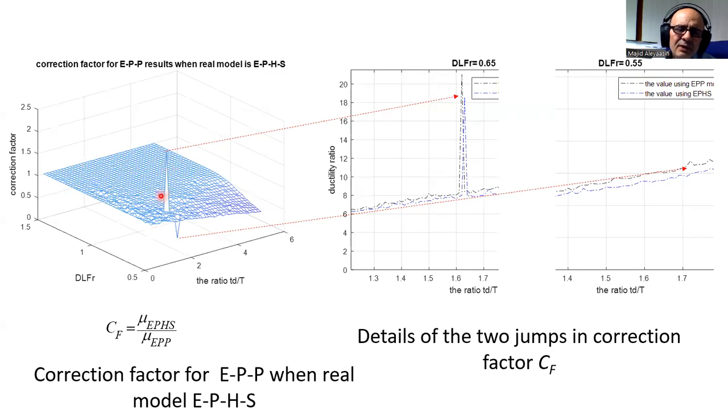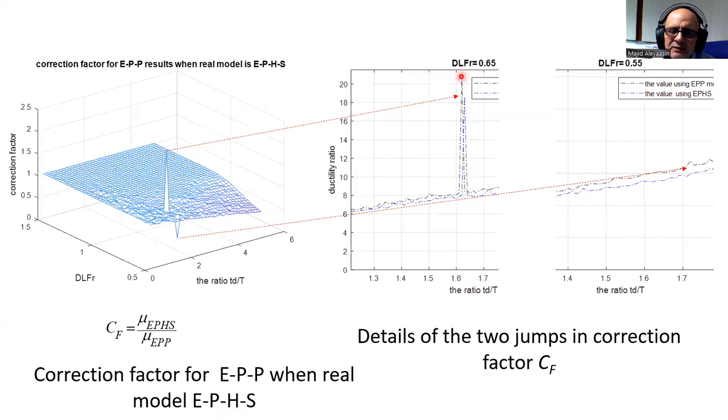In the resonance phenomena, we have this unusual or odd correction factor here because of a jump here at about 162, for example. For the EPHS model, we have the same jump at 163.